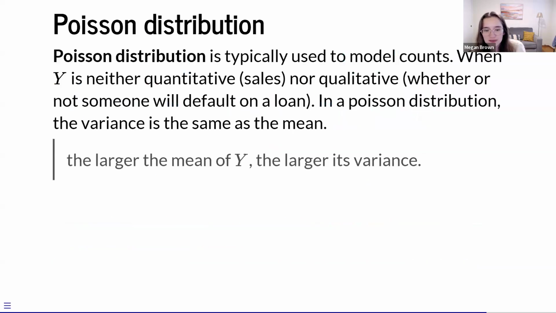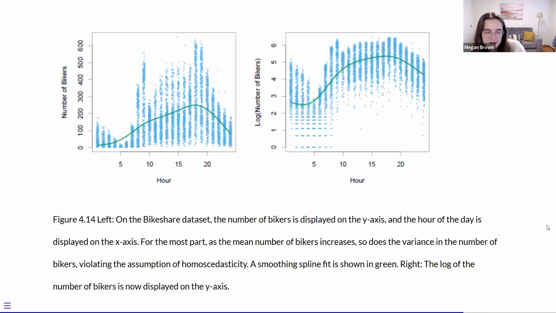And then the Poisson distribution. In a Poisson distribution, the variance is the same as the mean. And so that violation of the homoscedasticity is okay. So the larger the mean of y, the larger its variance, which we can see here in these charts.